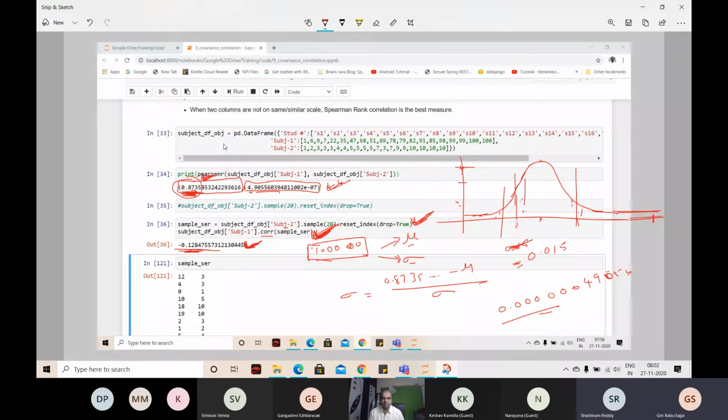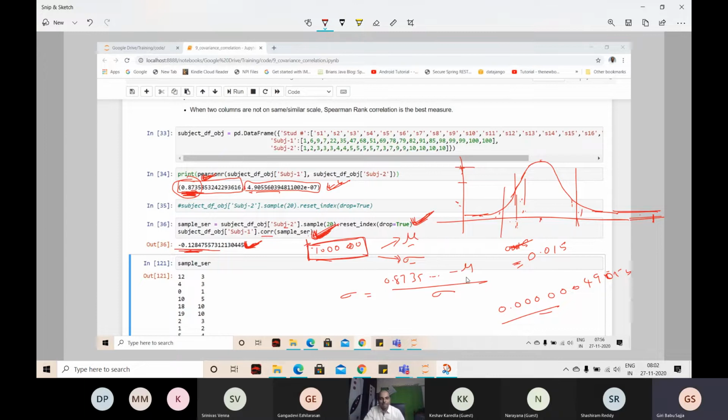So on the x-axis, what we took in this normal distribution plot? Correlation coefficient. Yes, correlation coefficients calculated when null hypothesis is true. Many correlation coefficients. Good, sir. Thank you.